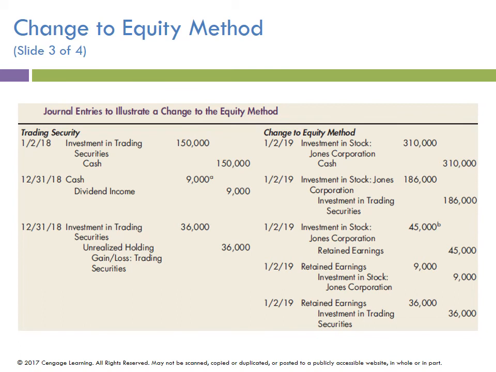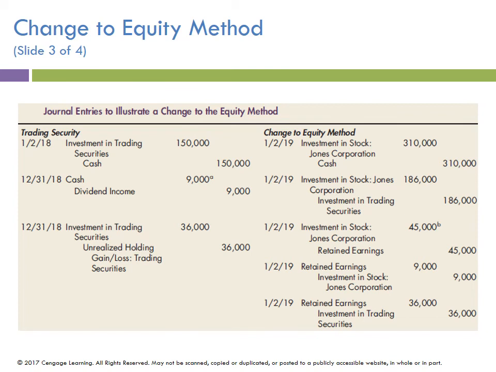Page 13-28 will help us with these next items. On the same day as you purchase it, you will debit investment in stock, Jones Company, $45,000, and credit retained earnings, $45,000. What does that represent?